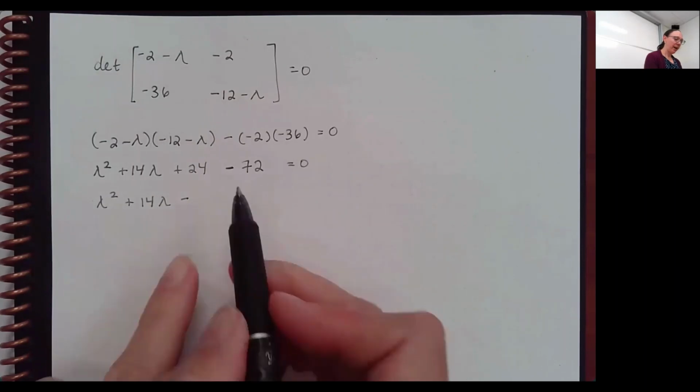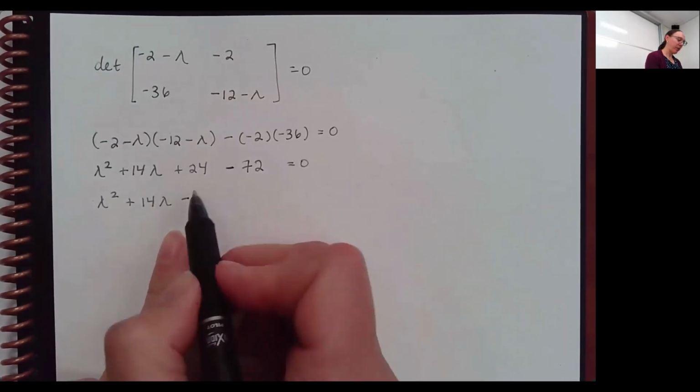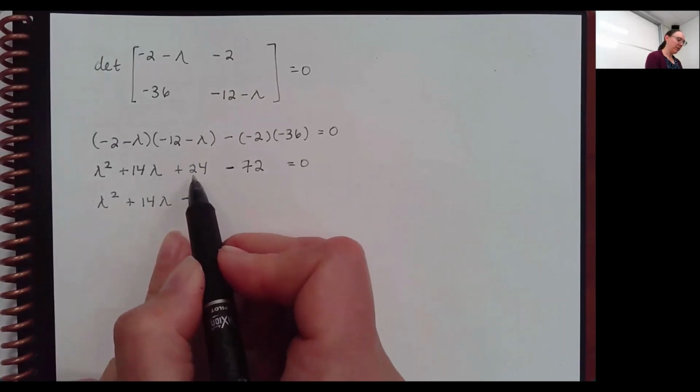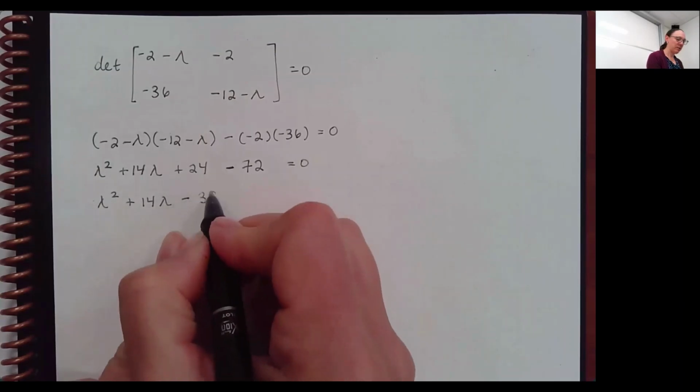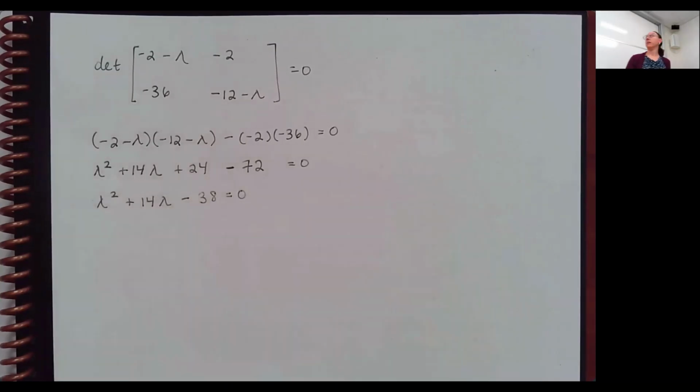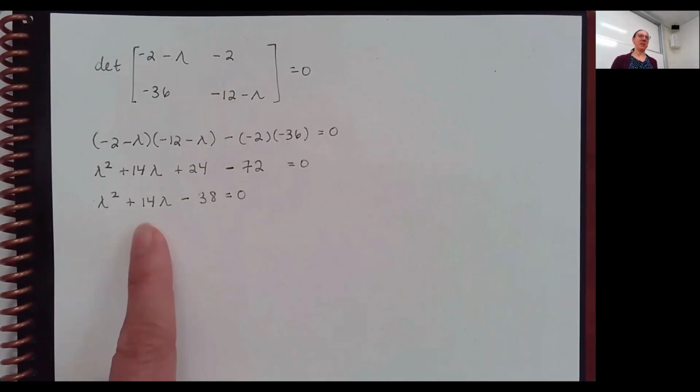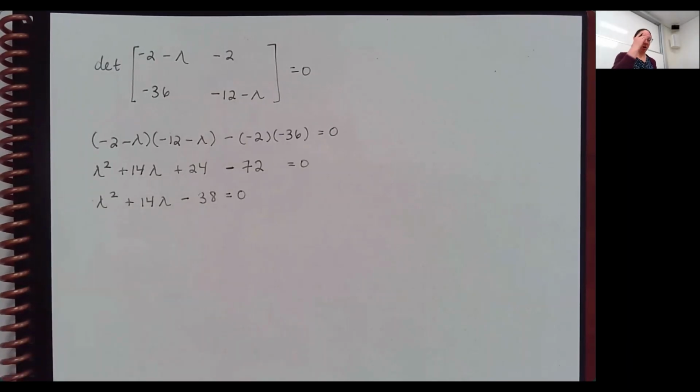Okay. And 38. 38 is 2 times 19. I'm not going to get a 14 out of that. We don't have any other options.